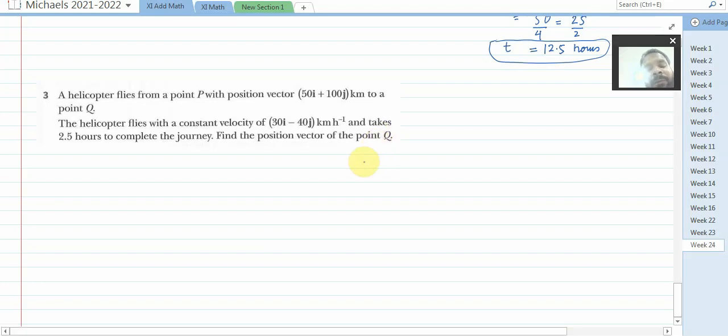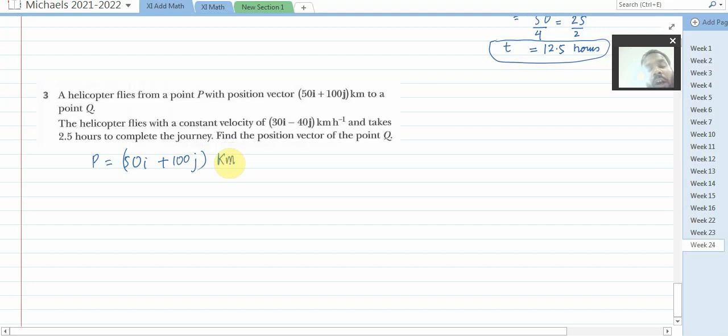Alright. So you have the position of the helicopter, that means the position of P, and it's 50i plus 100j kilometers. That is the position of the helicopter.